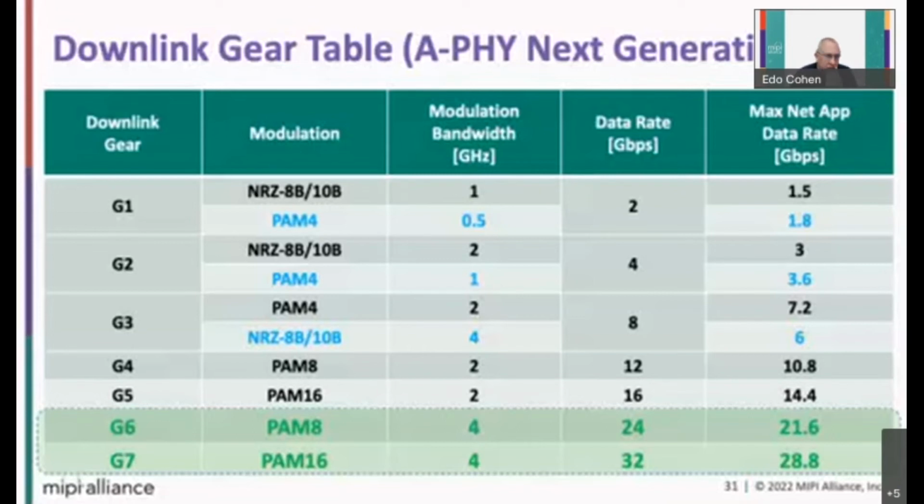So that's how the downlink table would look. And I see that a majority of the responses are that this is very beneficial to add, and we are happy to see that, and we will continue in this direction going forward.